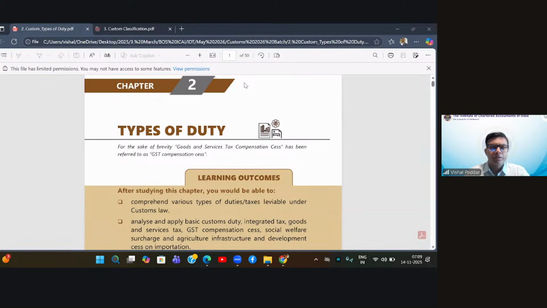So customs does that. Besides levying the customs duty, it also levies safeguard duties. The purpose of these safeguard or protective duties is to control and regulate the excessive import, and in some cases export, of certain commodities.